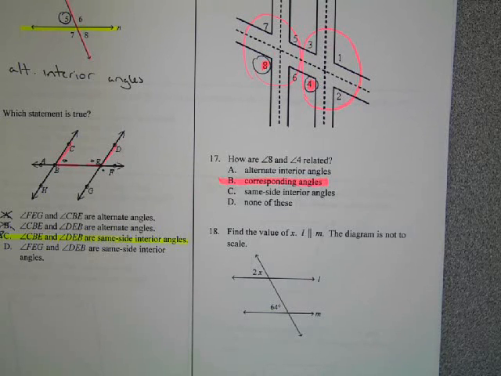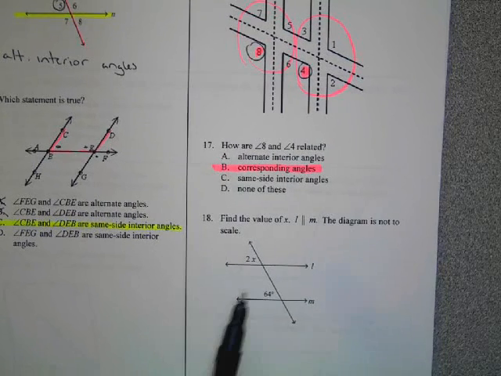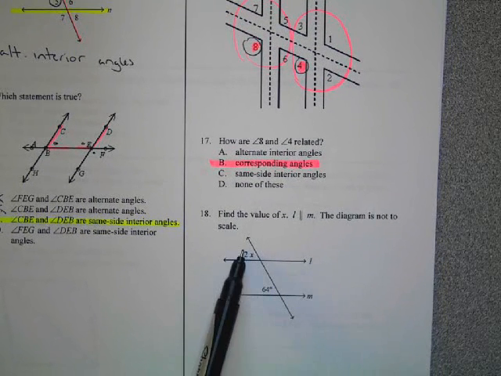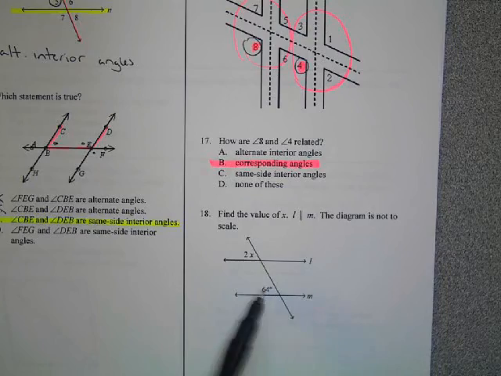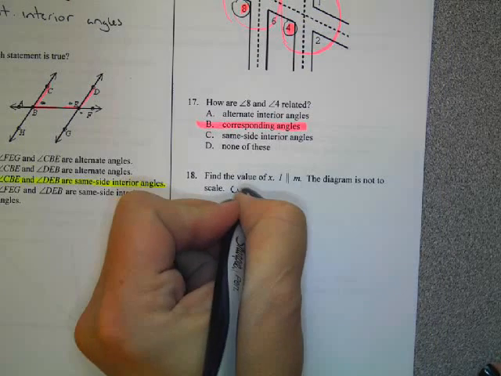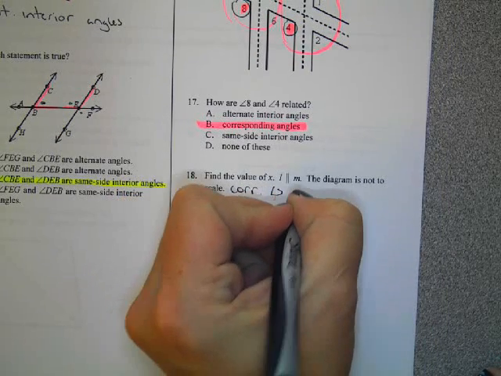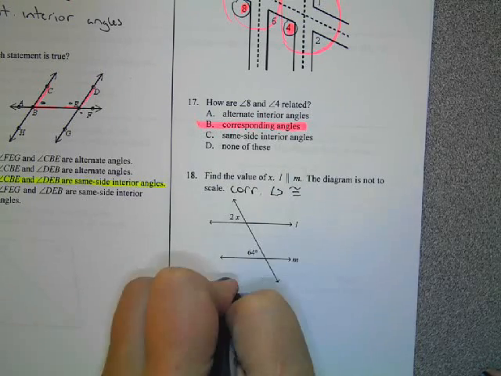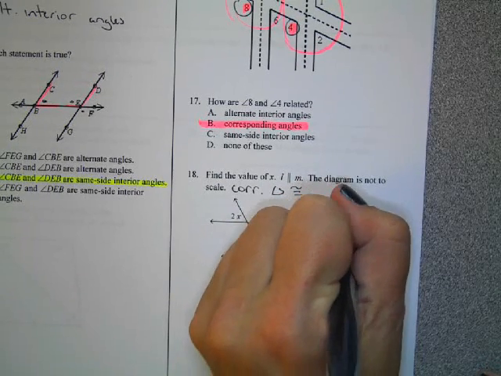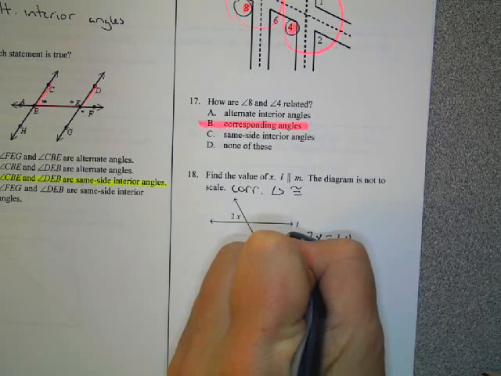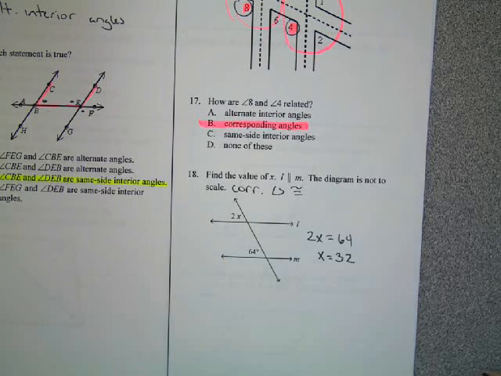For number 18, again, these are both in the same relative position, so corresponding angles are congruent. So 2x equals 64, x would be 32. Okay.